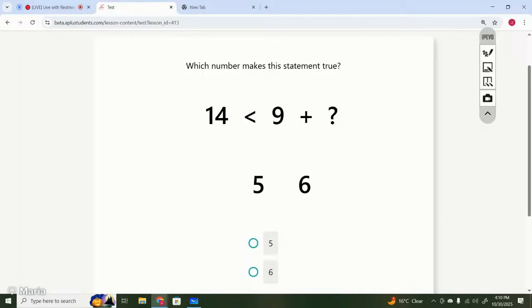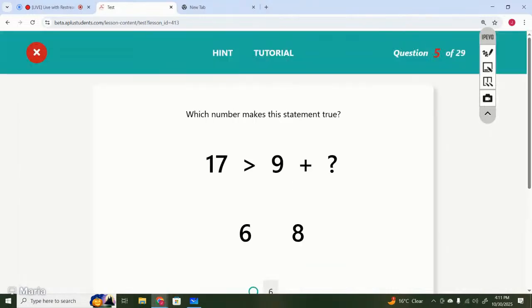Which number makes the statement true? 14 is less than which number? 14 is less than 9 plus 6, because 9 plus 6 makes 15.